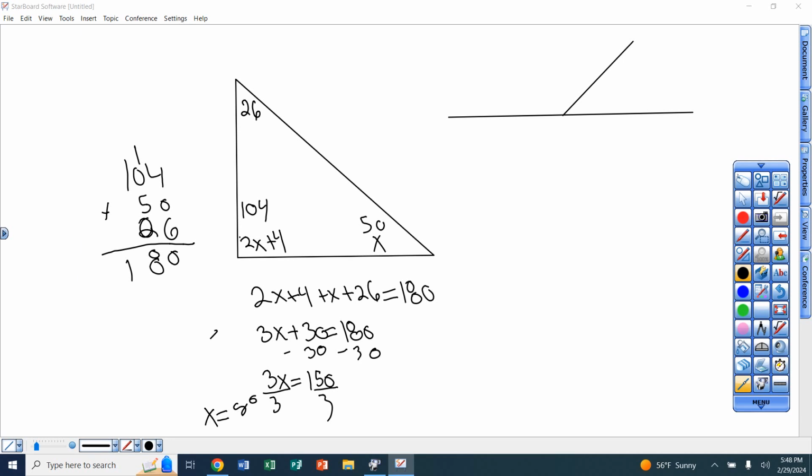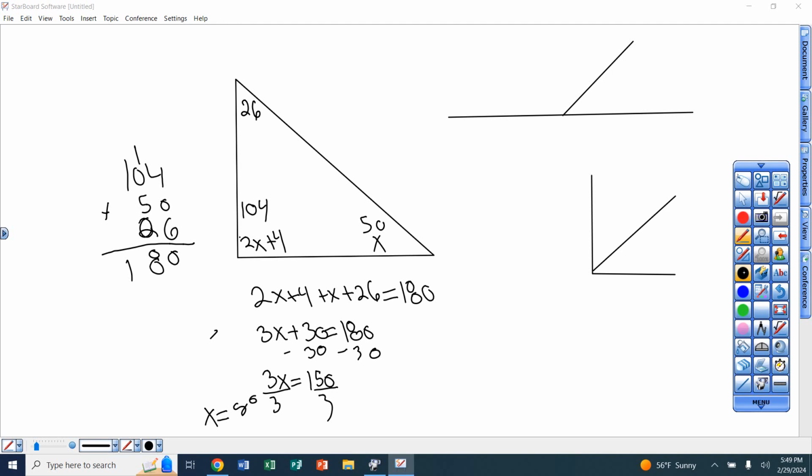Starts with an S. They're supplementary. What if you have a right angle that's cut in two pieces? What do we call those two angles? Adjacent. Adjacent, good, right next to each other. But if two angles add up to 90, oh, complementary. Complementary, good. So can you write that for me on here so you can see?